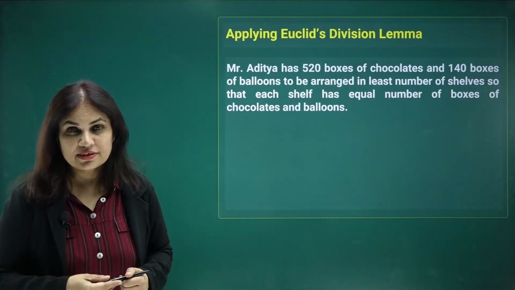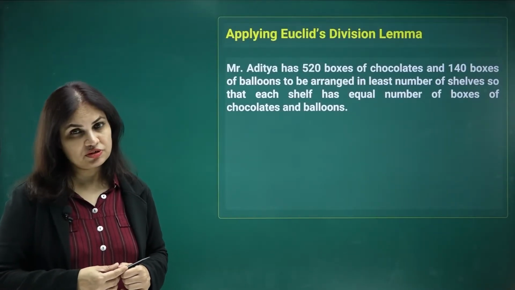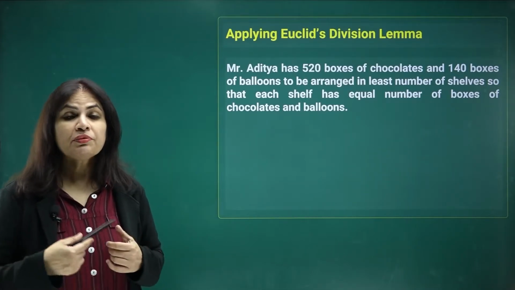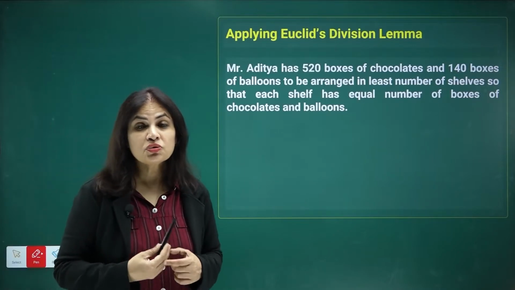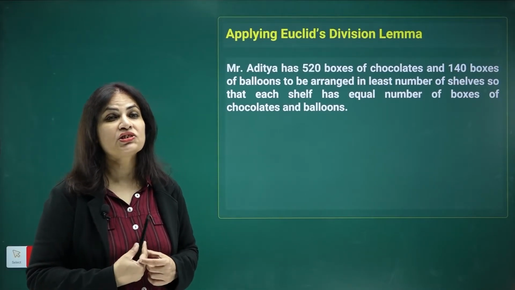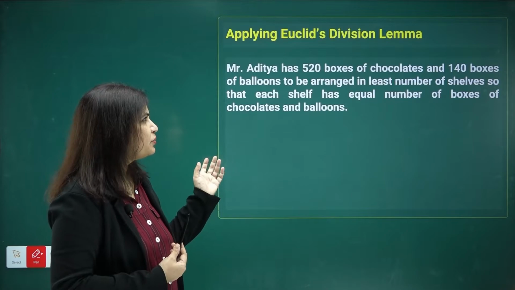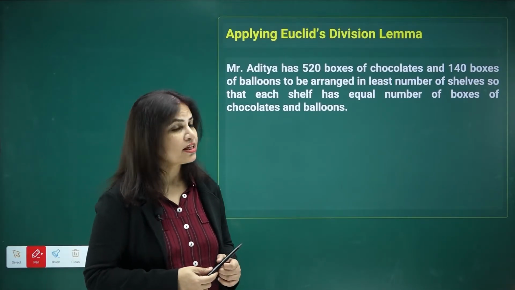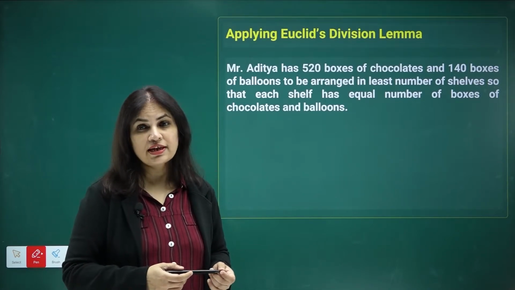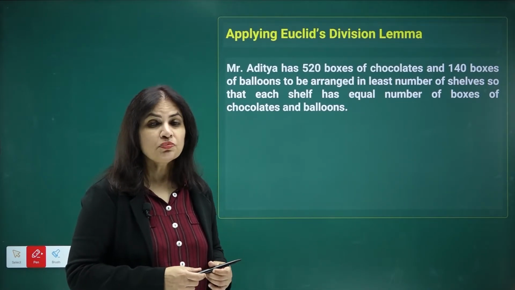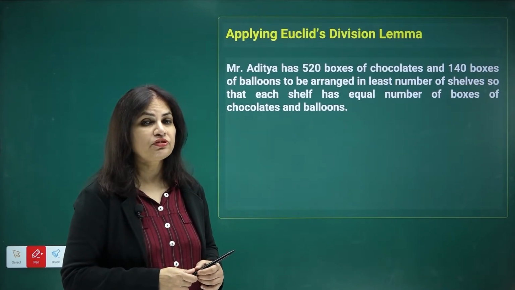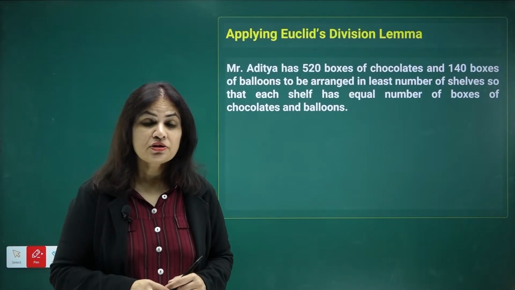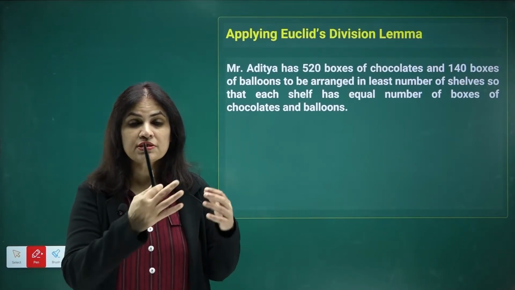Let us now understand how Euclid's division lemma helps us to solve our day-to-day problems. One of the most important applications of Euclid's division lemma is to find the highest common factor. Let us try to understand this using this simple example. Here it's given Mr. Avaditya has 520 boxes of chocolates and 140 boxes of balloons to be arranged in the least number of shelves, so that each shelf has an equal number of boxes of balloons and boxes of chocolates.